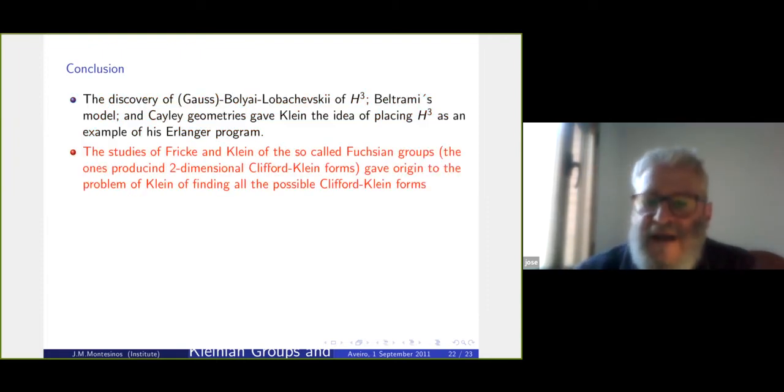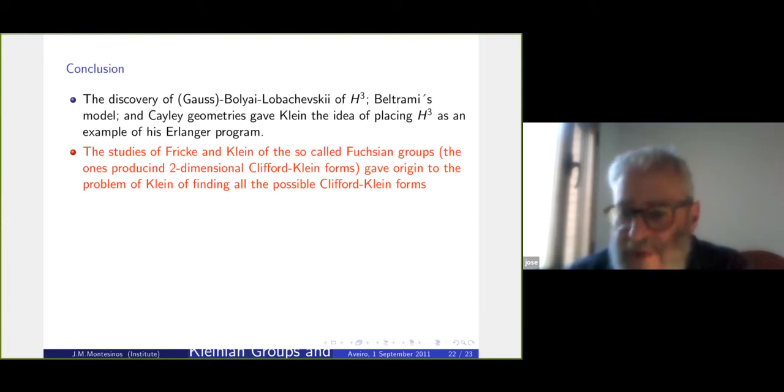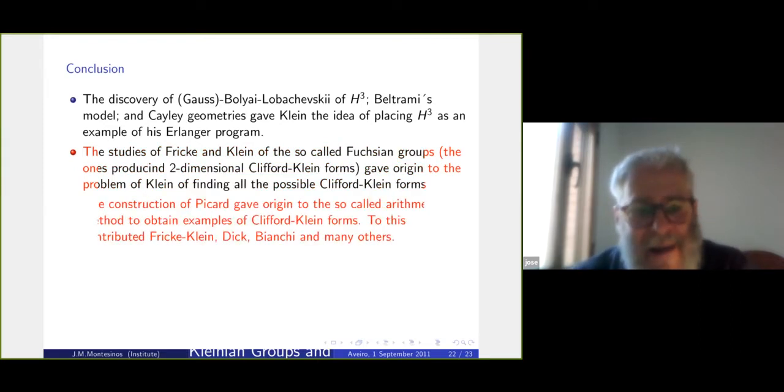The studies of Fricke and Klein on the so-called Fuchsian groups, which are the ones producing two-dimensional Clifford-Klein forms, gave origin to the problem of Klein of finding all the possible Clifford-Klein forms. And the construction of Picard gave origin to the so-called arithmetic method to obtain examples of Clifford-Klein forms.